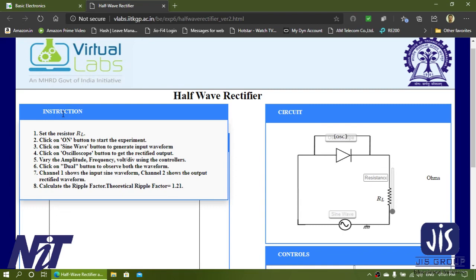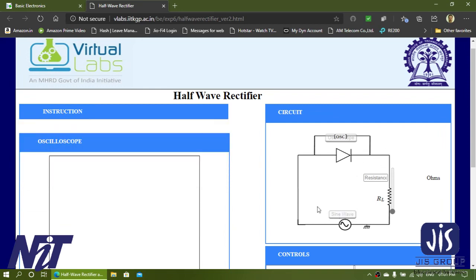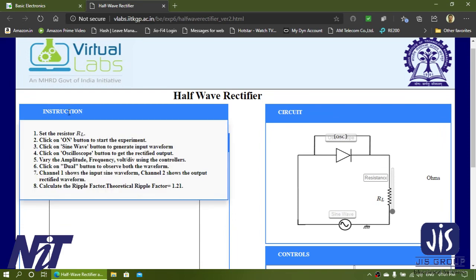You have to follow this instruction first. As they said, select the RL resistor, then click on the button to start the experiment, and then click on sine wave. Click on oscilloscope to see the output waveform as well as the input waveform.